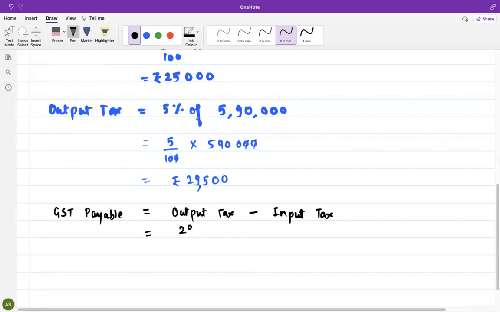So that is 29,500 minus 25,000. And this is quite easy, the GST payable is 4,500. So this is the question that was asked: ITC, that is input tax, that is 25,000, and GST payable, which is 4,500. Okay, so let us look at exactly one more question like this.